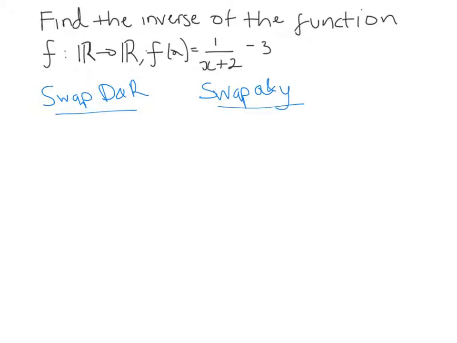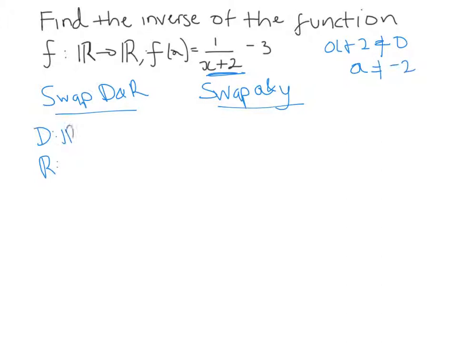Now let's think about this. The domain of the original, well, the only x value we can't have here is one that makes the bottom of a fraction equal to 0, so x plus 2 can't be equal to 0. So x can't be equal to minus 2.